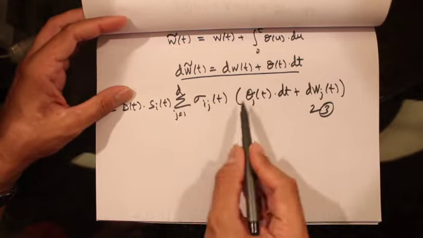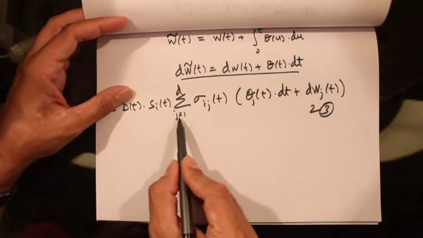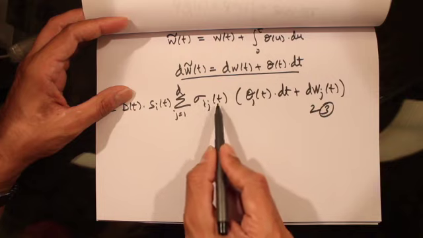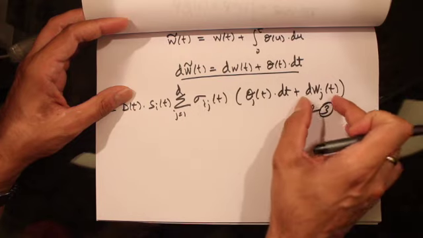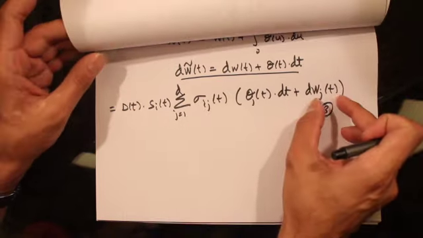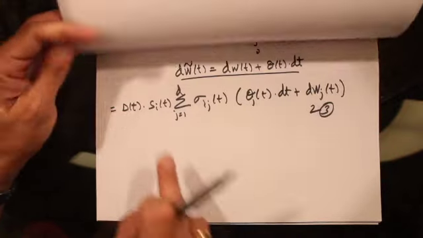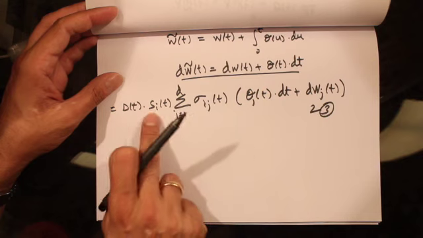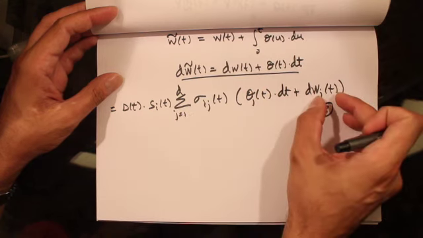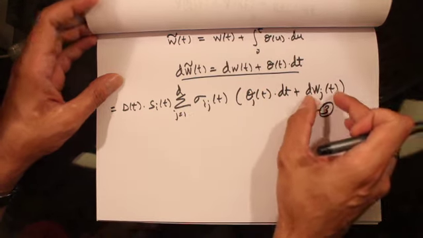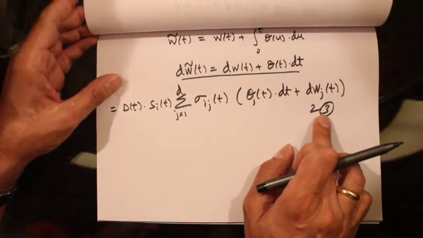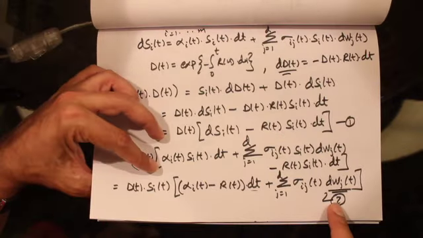Here also, outside the brackets, we have the summation j equals 1 to d of sigma_ij(t). So we have this term multiplying the dW_j term. And we also had a dt S_i(t). Here also we have a dt S_i(t) term. So our dW_j term is exactly the same in equation 3 and equation 2.